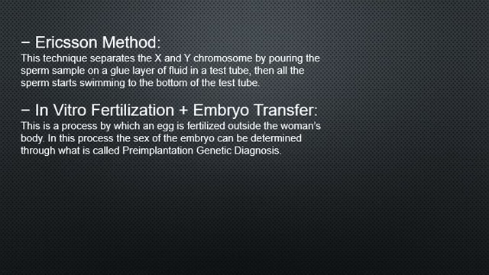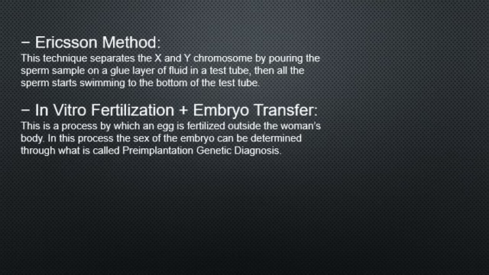So the fast swimming sperm, which is said to be the Y chromosome carrying sperm for the male, get to the bottom first before the slow swimmer, which is the X chromosome carrying sperm for the girls. After that, they are separated. Then the sperm of your desired gender will be inserted into your uterus through artificial insemination. And the success rate of this method is about 75 to 80%.